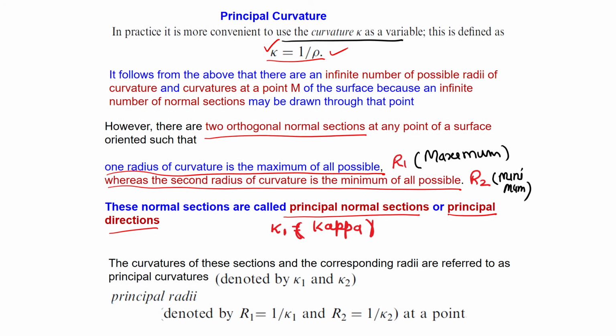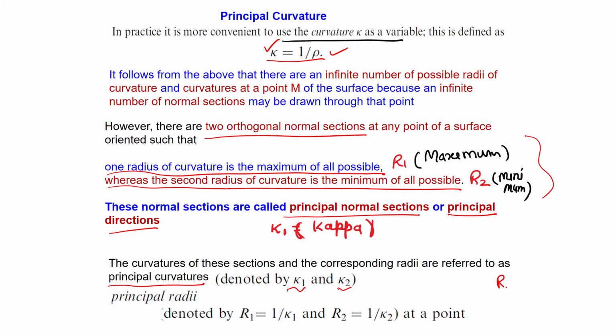Generally, the shell surfaces are defined in terms of principal normal sections, principal directions, and curvature or radius of curvature. The curvatures of these sections and corresponding radii are referred to as principal curvatures. R1 and R2 are radii of curvature, and kappa 1 and kappa 2 are curvatures, or sometimes we call them principal curvatures, and they are vice versa.